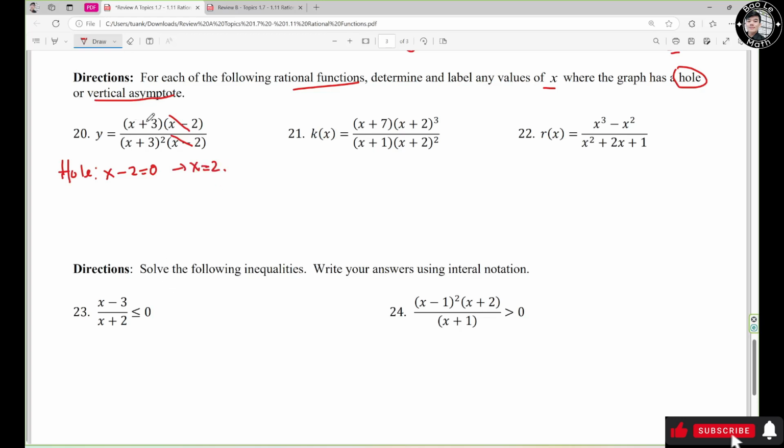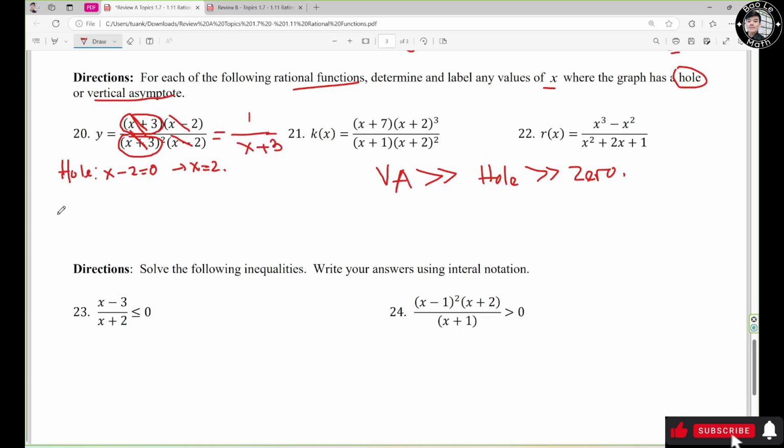Now, S plus 3 and S plus 3 right here cancel out. And again, this is not a hole. Keep in mind, the vertical asymptote dominates the hole. Now, I need to cancel out S plus 3 and S plus 3 right here. So the final answer must be 1 over S plus 3.